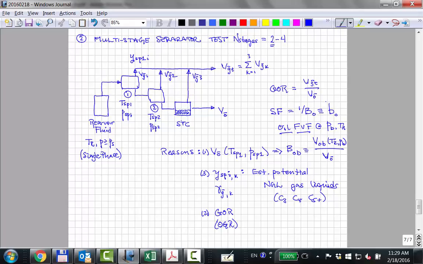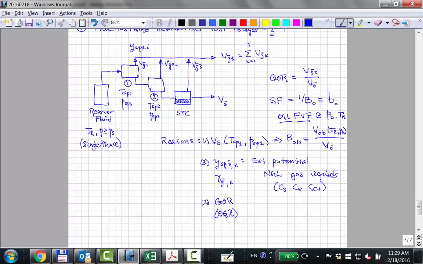So a couple of practical comments. It's only used today if the GOR is, probably, I should say, less than or equal to somewhere between 5 and 10,000 cubic feet per barrel.